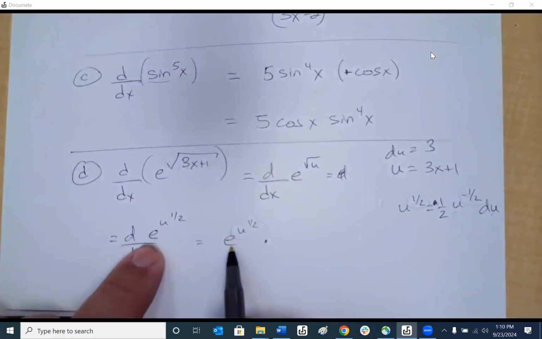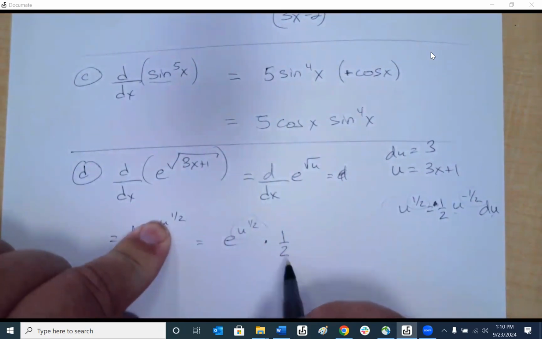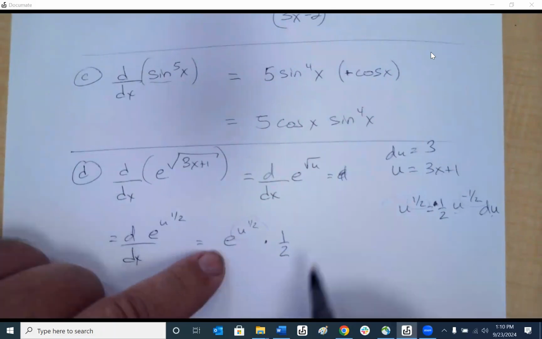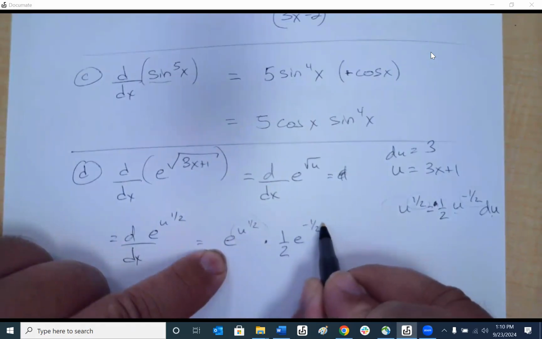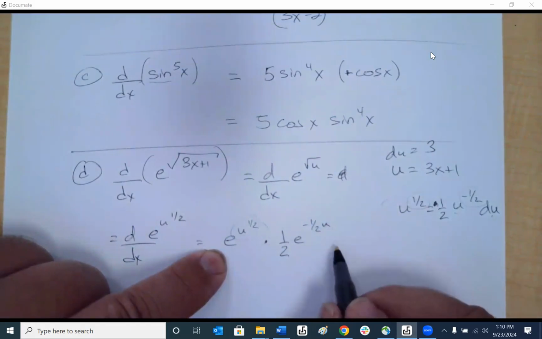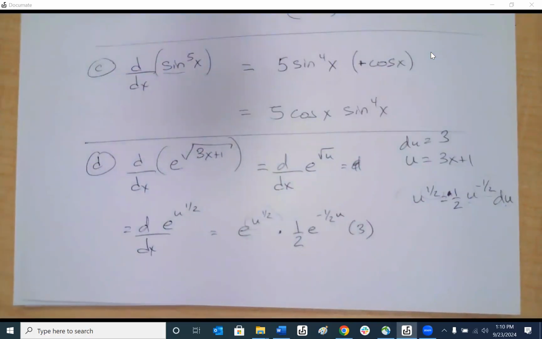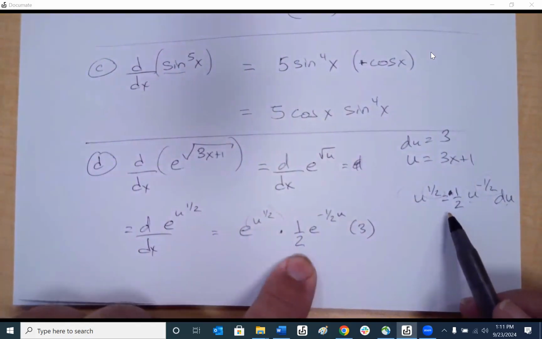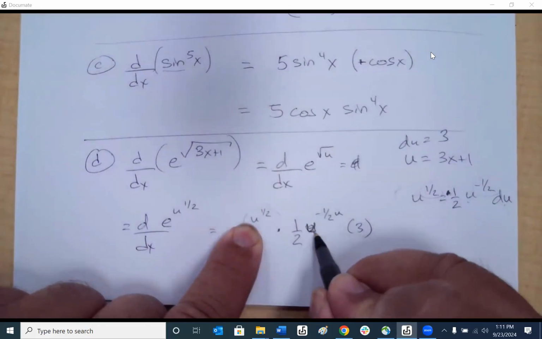So it's e to this expression times 1/2 u to the negative 1/2 du, which is 3. The derivative of u to the 1/2 is 1/2 u to the negative 1/2, not e. That's where I messed up.